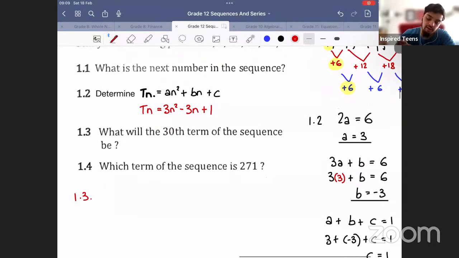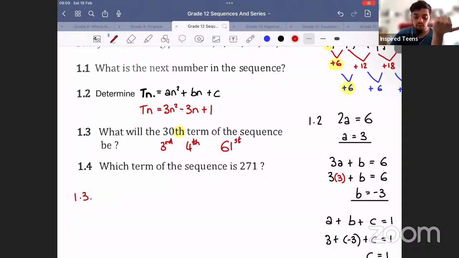Why not? One of the keywords is this thing here, I forget what it's called in English: 30th, third, fourth, 61st, whatever. That's actually a hint to tell you that they are talking about n. The reason is that n is the term number.